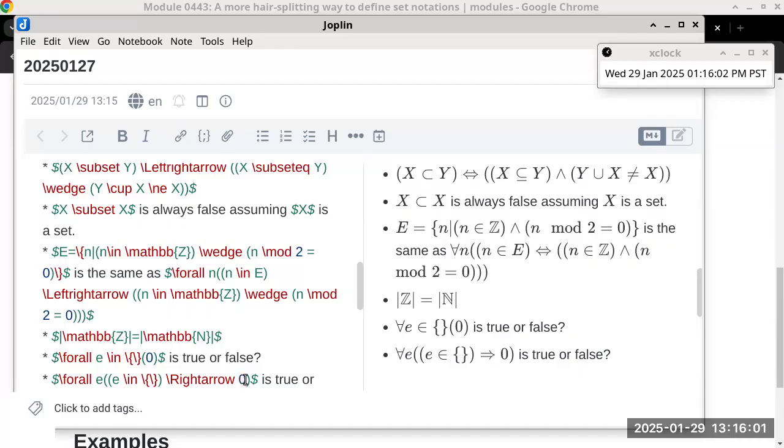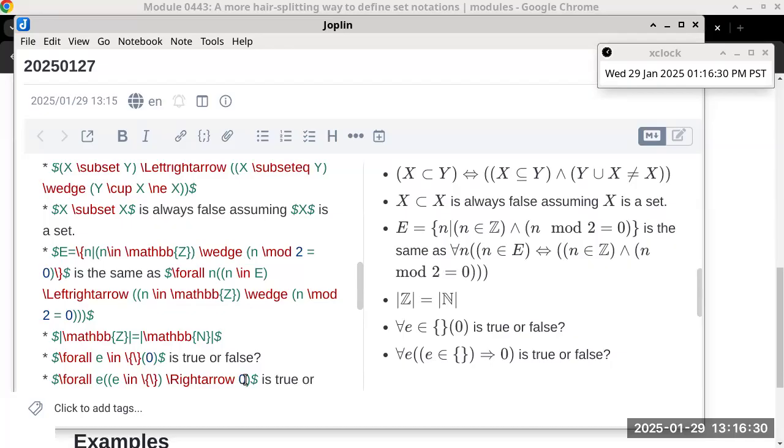Because the left-hand side of the implication is always false. Nothing is in an empty set. Yes, the way I remember it is: if the left-hand side of an implication is false, the implication is true. Because the empty set has nothing, when you ask, is this in the empty set?